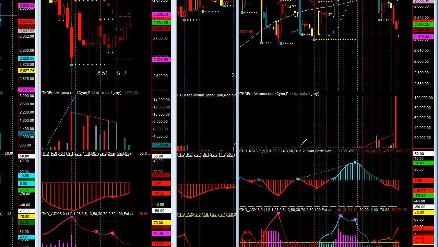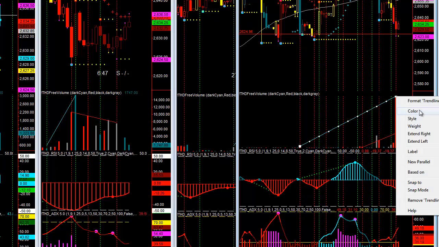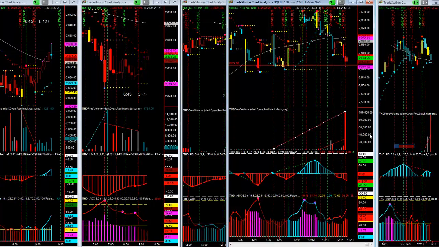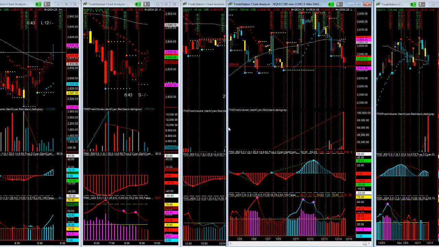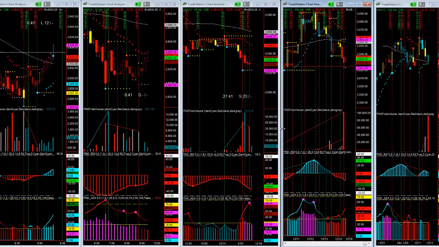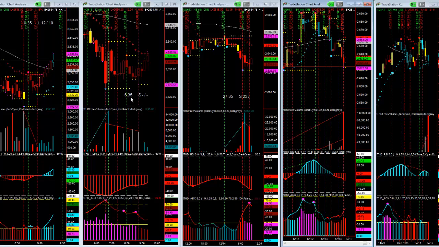That's what we call hidden volume divergence. That also is a good indication that you had all that selling volume, and yet we weren't able to break that prior low. We broke it, we came back up and closed above it. So that tells me that price very well may continue up also, solidifying this magenta peak.